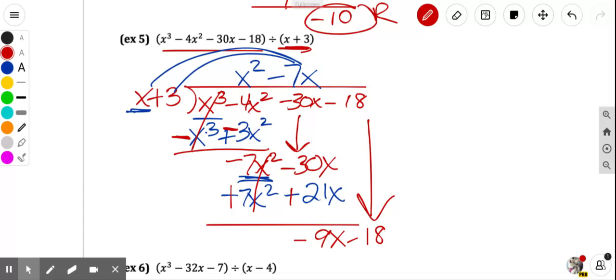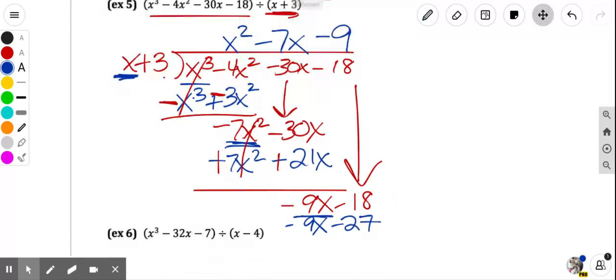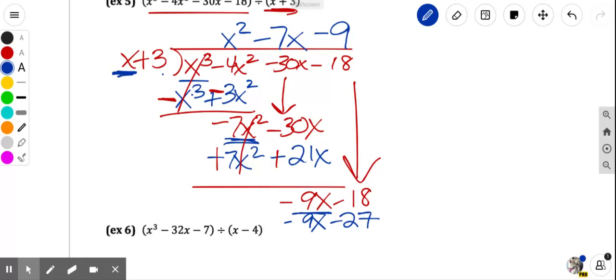So now let me erase these lines. So now I'm asking myself, what do I multiply x by to get negative 9x? It's going to be negative 9. And then we multiply negative 9 by x and 3. So negative 9 times x is negative 9x. Negative 9 times 3 is negative 27. Okay, and then we're going to subtract.